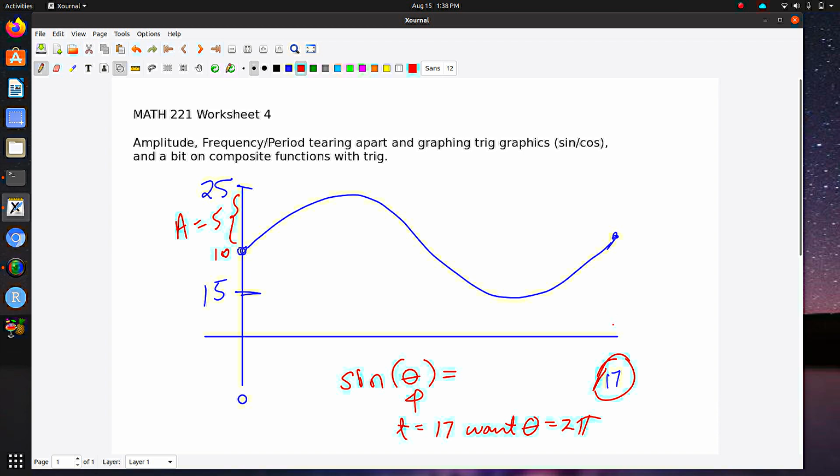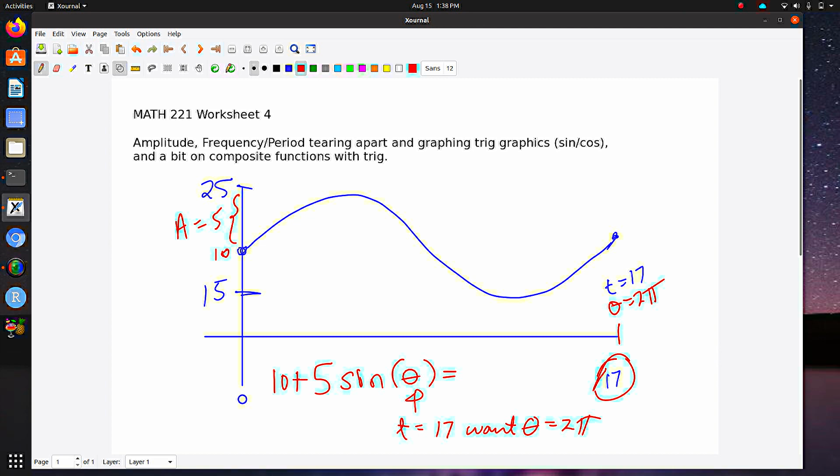I'm just going to say this is theta equals 2 pi, and I just have to figure out what t is. t is running along at a different time speed. Well, who cares? Theta is 2 pi when t is 17, but I can start constructing this function before I actually know what's going on. So this function is 10 plus 5 times sine of theta.